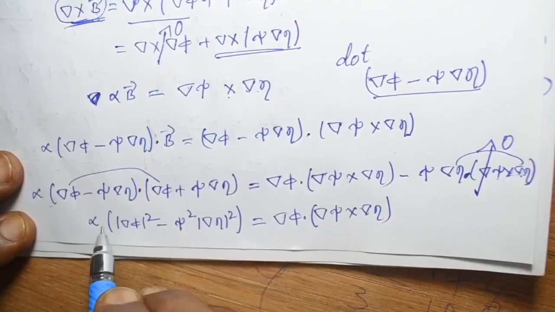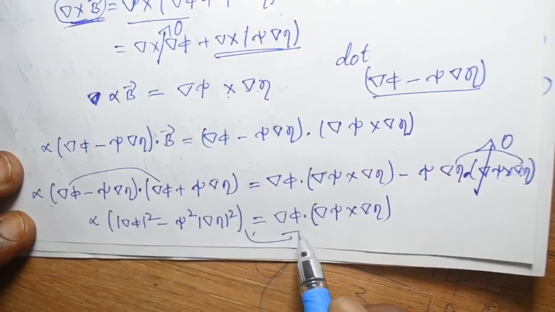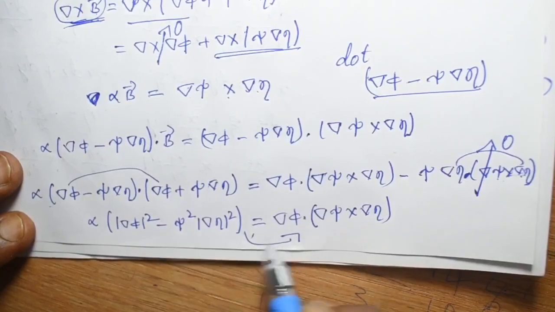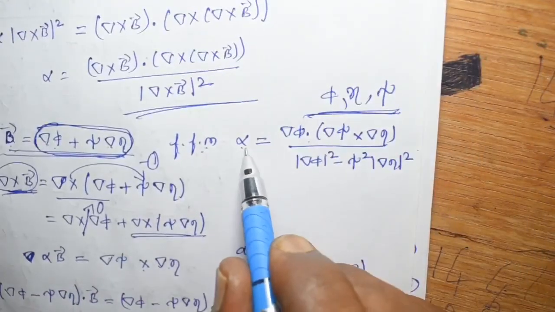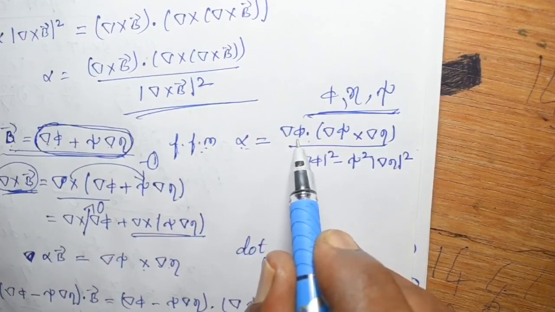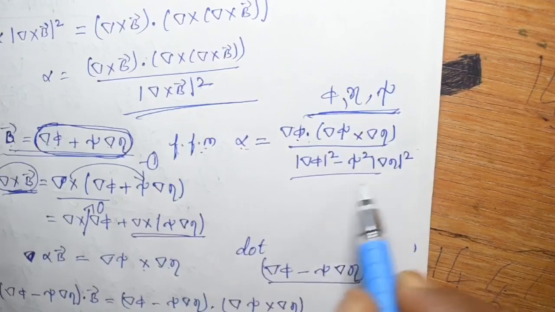What we need is alpha, so we have to cross multiply. By cross multiplying this, the required alpha is equal to gradient of phi dot this, divided by the same term.